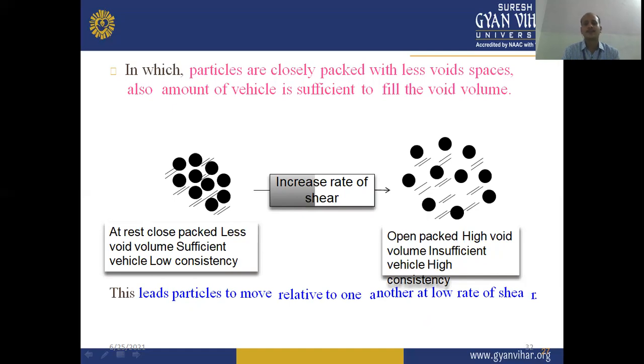The void volume, the space between the particles, is high, and the vehicle is insufficient, and this is the high consistency condition.